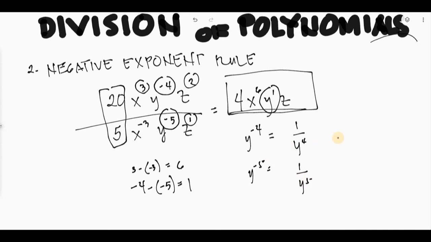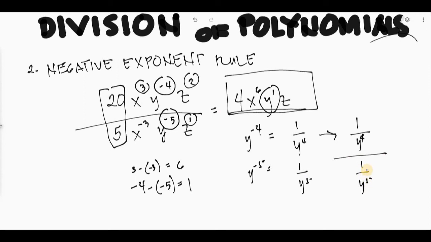So if we write that, it becomes 1 over y to the 4th. Then the one below, we have y to the 4th over y to the negative 5, so it becomes 1 over y raised to 5.